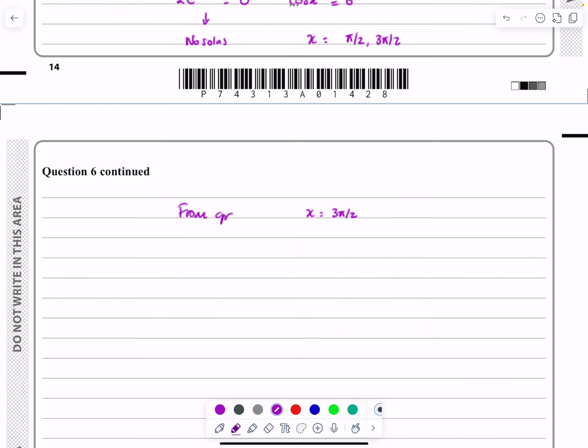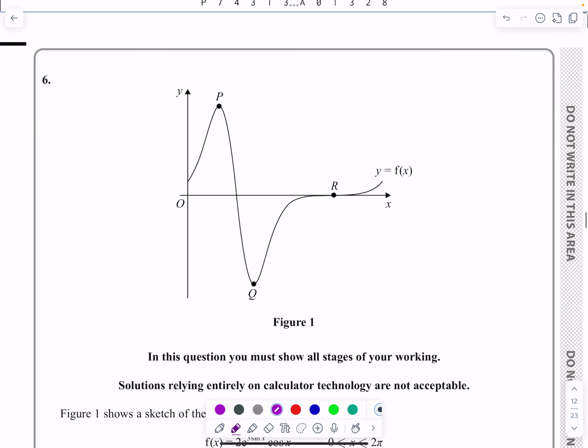From graph, x is equal to 3 pi over 2, so point R is (3 pi over 2, 0). There were two possibilities for when we could get our R, and it was the second one of them.